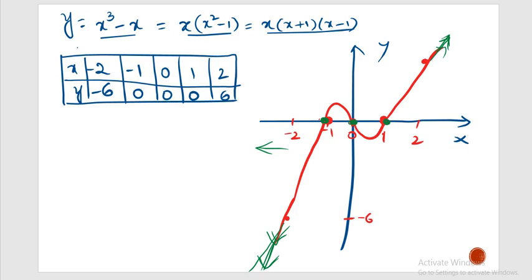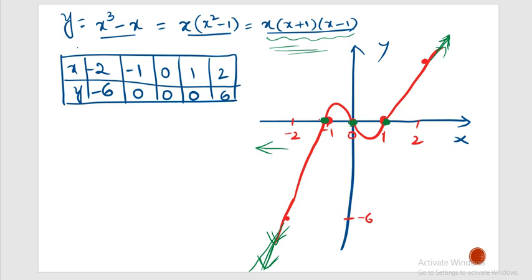That is why it will never return to the x-axis. So clearly we can say that it has 3 zeros, because all 3 zeros are distinct here.